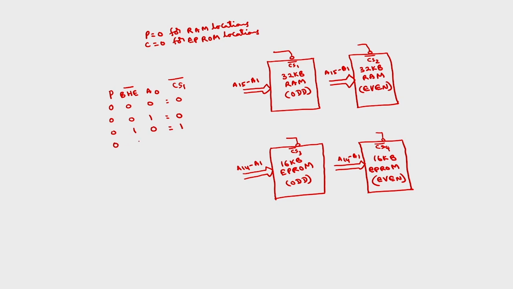This is 1 1, no bank will be selected, so this will be 1. So only in these two cases should CS bar be equal to 0. So what is the Boolean expression for CS1 bar?